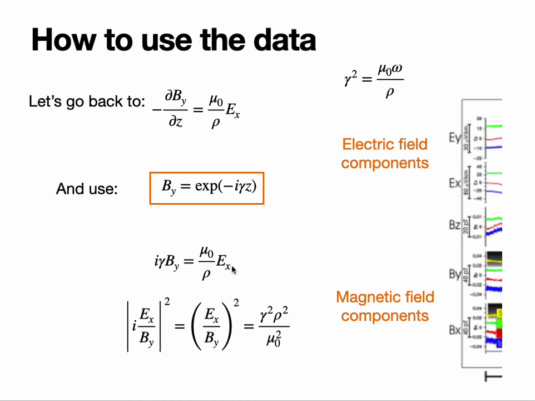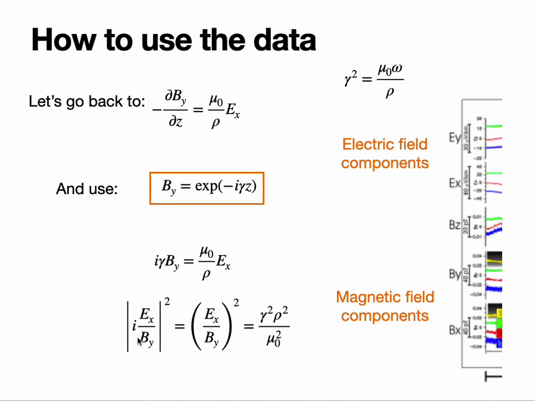And what we're going to do here, we will be interested in monitoring the ratio of the components of electric field and magnetic field that we measure, this Ex, for example, and By. So we will divide Ex by By. Let's do this, and then we end up with i Ex over By is equal to gamma rho divided by mu 0. That's an imaginary number.